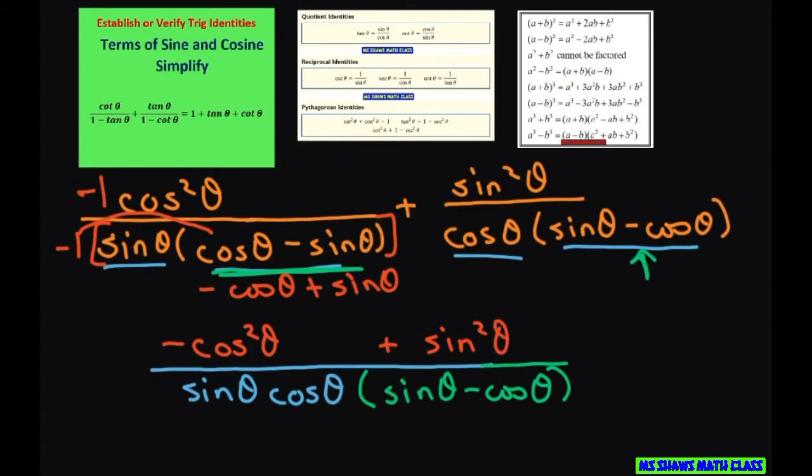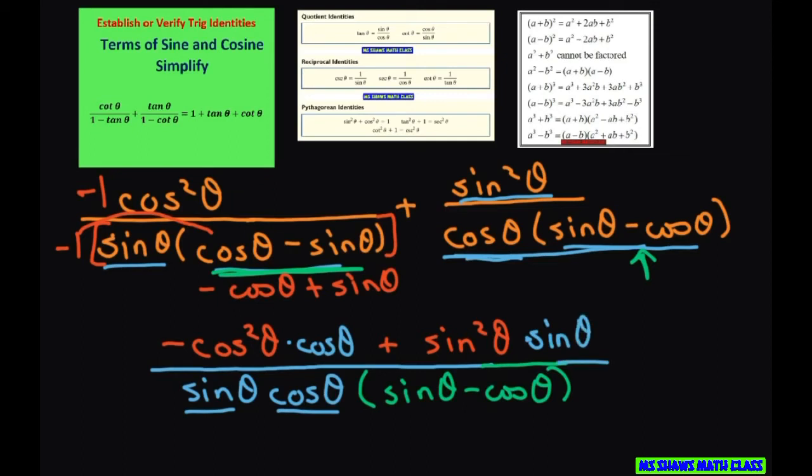But now we have to fix our numerators. So basically, looking at this, what's missing for the numerator is we're missing this cosine here. So let's multiply this by cosine theta. And what's missing from this one, comparing the old denominator to the new one, is we're missing this sine. So you have to multiply that by sine. That's just simplifying.